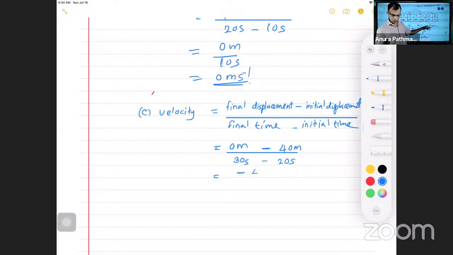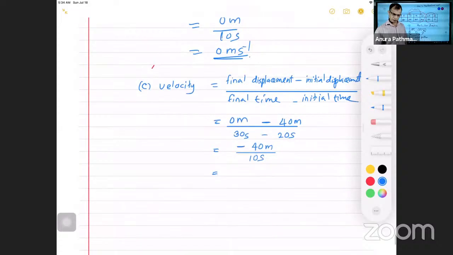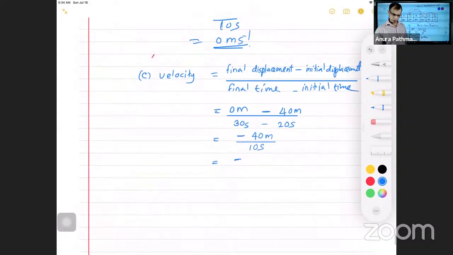Final displacement 0. 0 minus 40 is negative 40 meters, divided by 10 seconds. The answer is negative 4 meters per second.